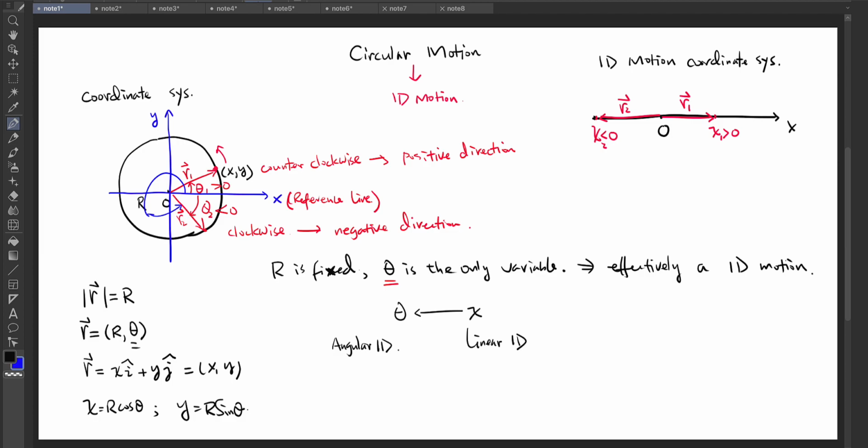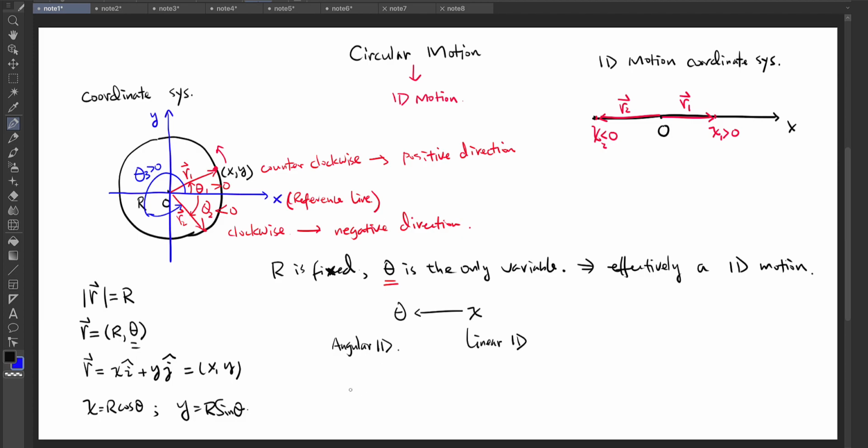If I go this way, then let me call this theta 3. So how about if I use theta 3 to represent position R2? Yeah, you're right, that's also true. So we can also say theta 3 is the coordinate for this position, and then that coordinate is positive.